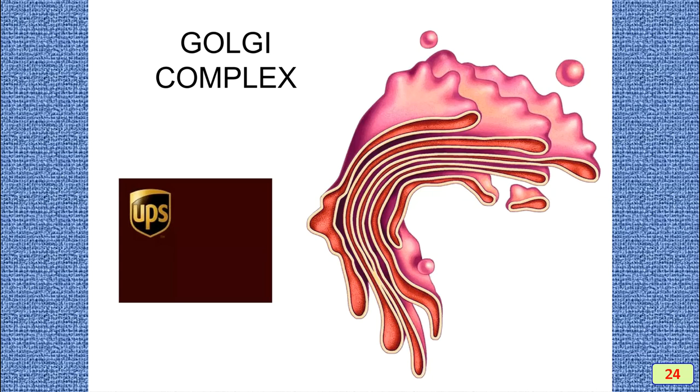So this is the Golgi apparatus, a flat and folded body. Its function is to receive the proteins from other parts of the cell and send them where they are required.